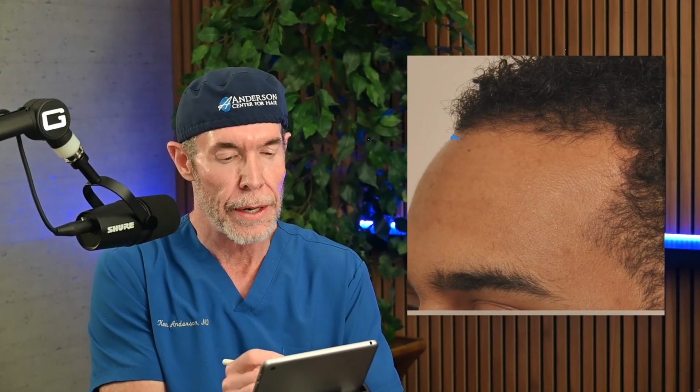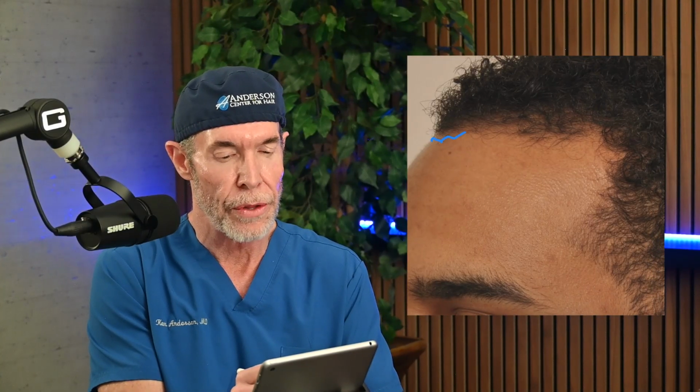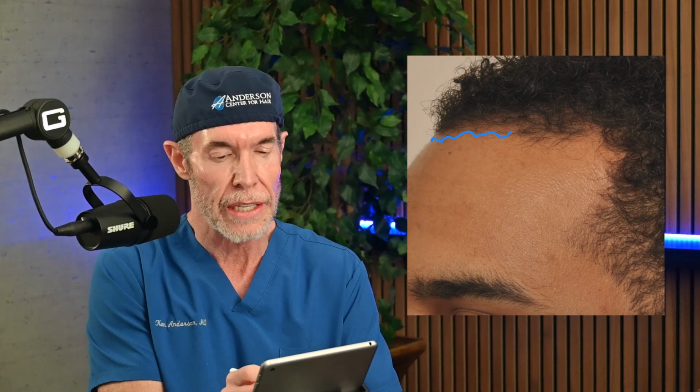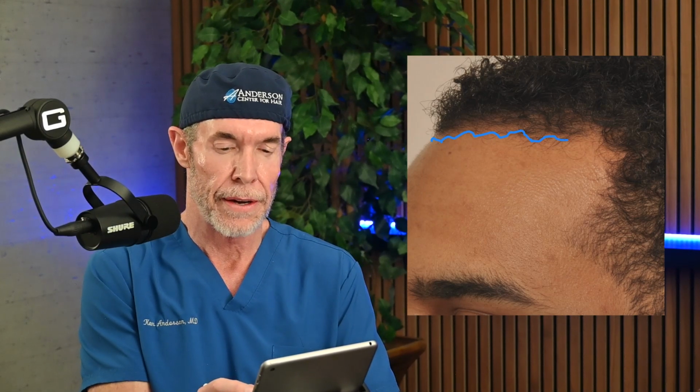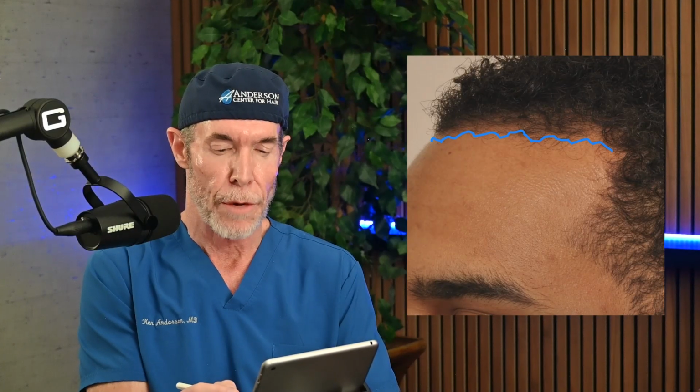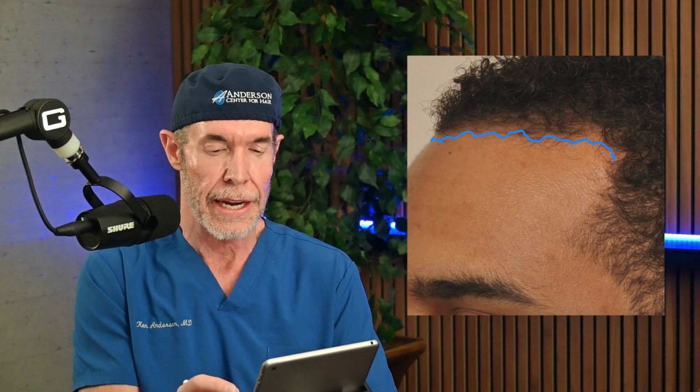So if we go to the top here, remember it's going to start a little bit lower where the little straggler hairs are, and fill that in, and then we'd come across like this. Let's see what would look good. Something like that. And I think his temporal tuft on this side is good.